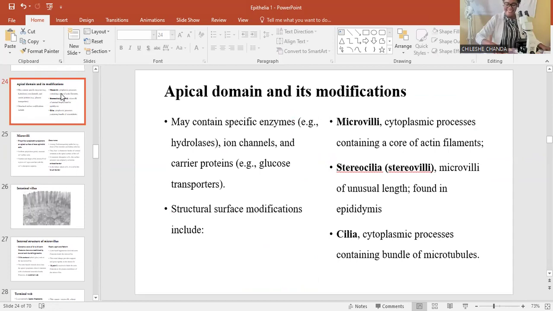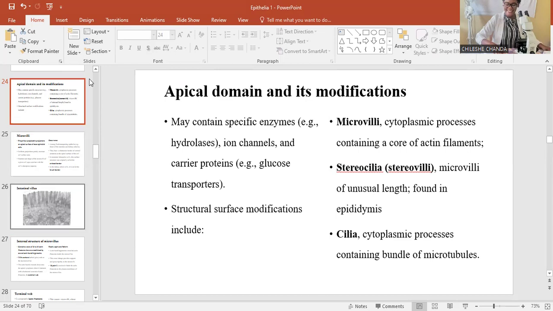So for example, some cells are going to have microvilli, okay? Microvilli are tiny projections on top of the cell. These help in increasing the surface area of a particular organ. And microvilli are especially found in the small intestines, and they increase the surface area for absorption of nutrients.